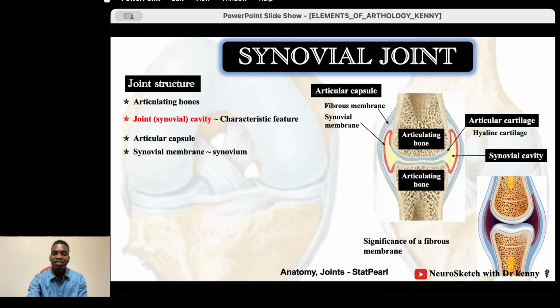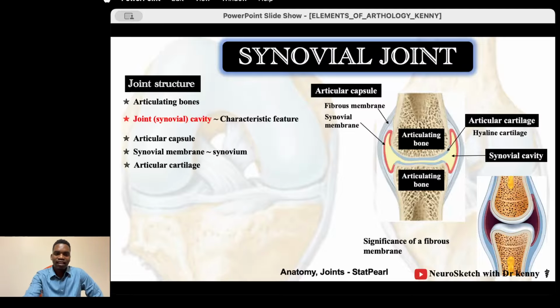Because of the presence of the joint cavity. We have a joint cavity in between the bones, and this is the characteristic feature of a synovial joint. This cartilage is here, but it does not connect the articulating bones. It only covers the articulating bones, but does not connect them together.